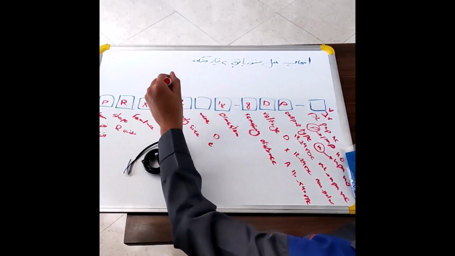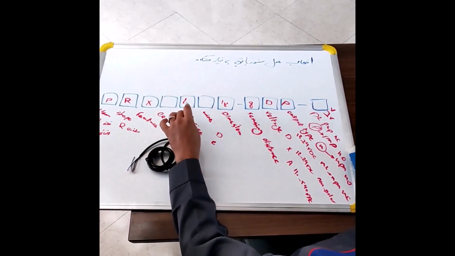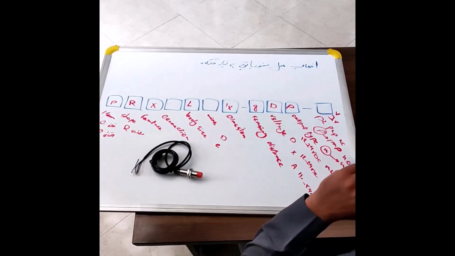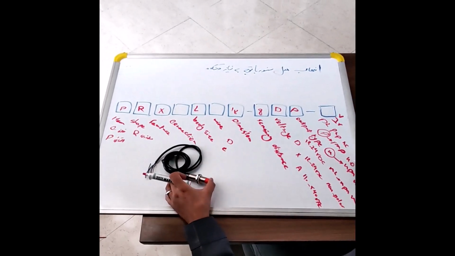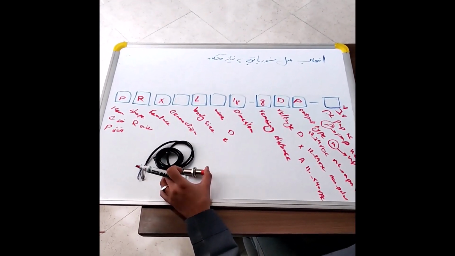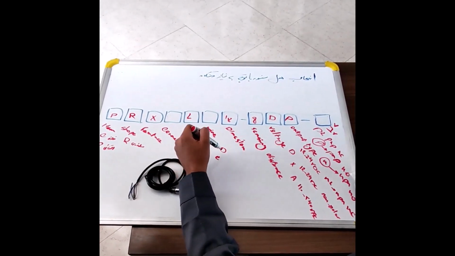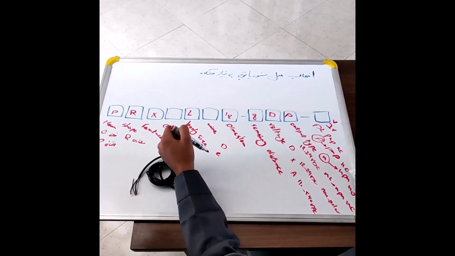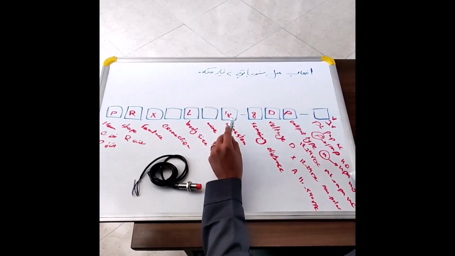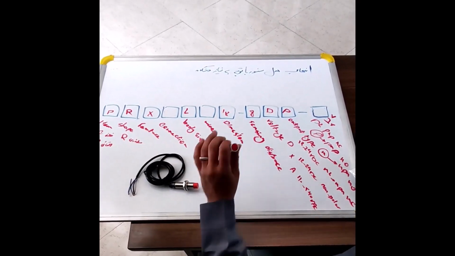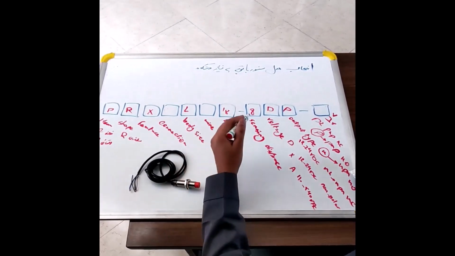The letter L is related to the body size, which is displayed as a large size. The sixth square is related to the two-wire or three-wire of the sensor. The seventh square shows the diameter of the sensor opening.